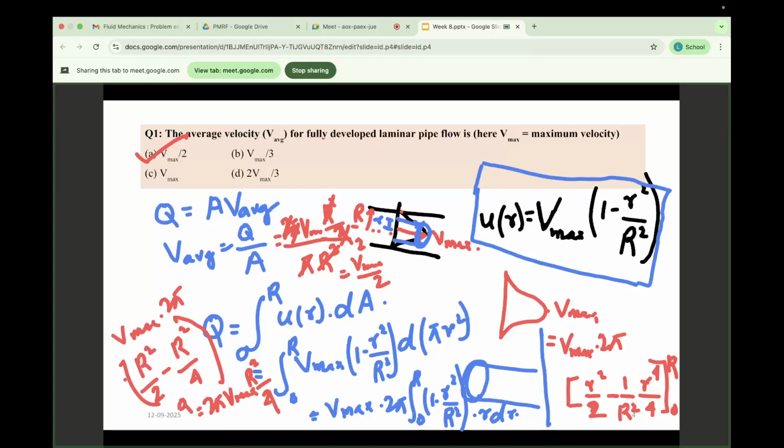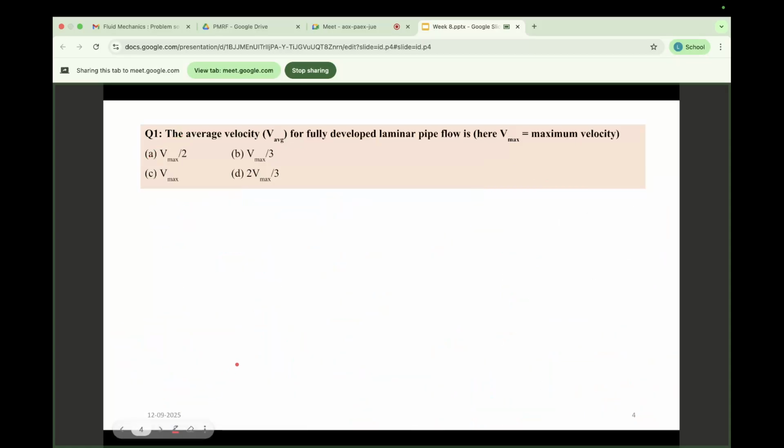I am showing you another formula which will help you to solve it quite easily. So basically the formula of Q, if you use this formula, is velocity at a point into r dr d theta.